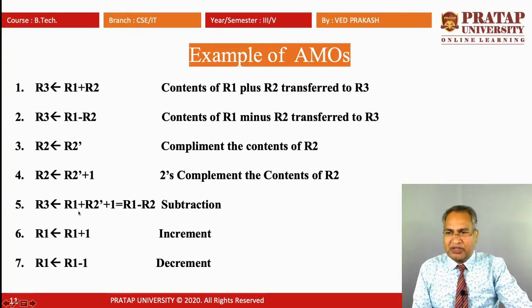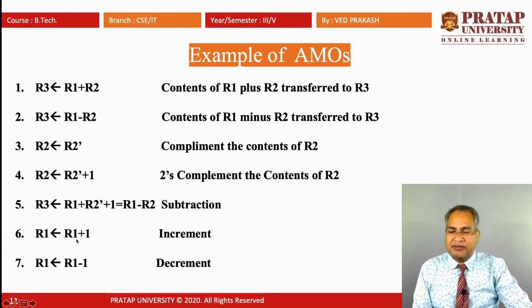Here we denote R1 plus complement of R2 plus 1. As we know, complement of R2 plus 1 always denotes the negation of R2. So we can say that it is basically the subtraction micro operation. So R1 minus R2 is stored in register R3.